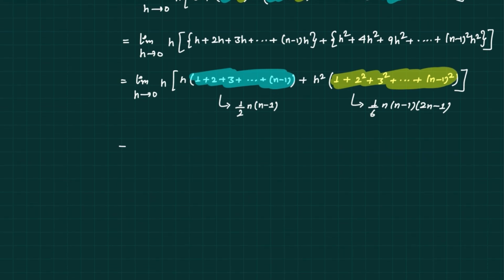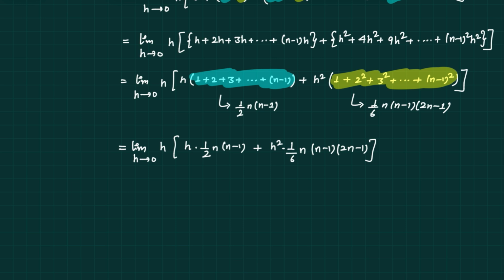Then we will have limit h tends to 0 of h into 1 by 2 n into n minus 1 plus h square into 1 by 6 n into n minus 1 into 2n minus 1.